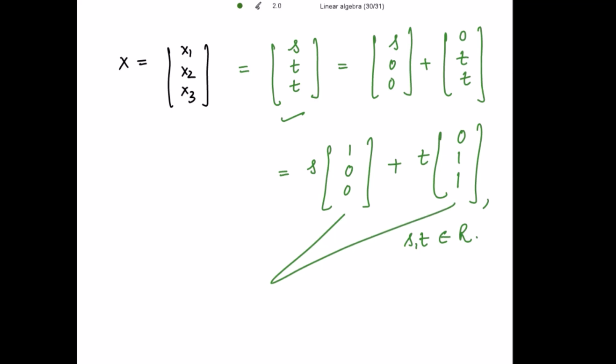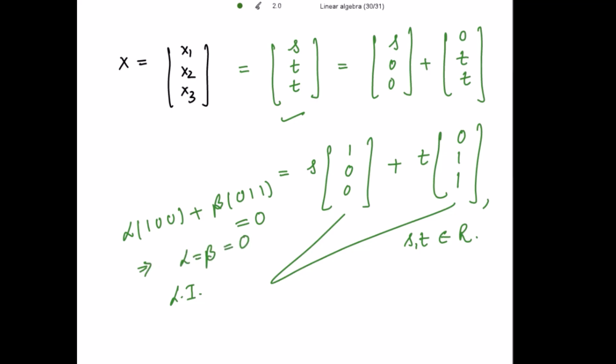And these two vectors are linearly independent. How do I know that these vectors are linearly independent? If you take any one of these two vectors, suppose (1, 0, 0), it cannot be equal to any multiple of (0, 1, 1). Or if I take the linear combination of these two vectors to be equal to 0, I will be getting alpha equal to beta equal to 0.